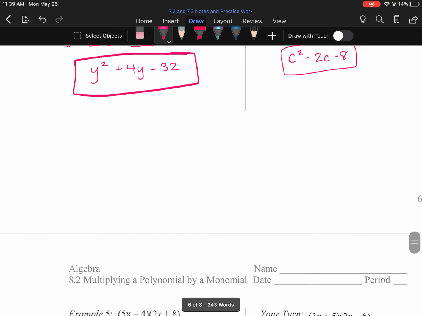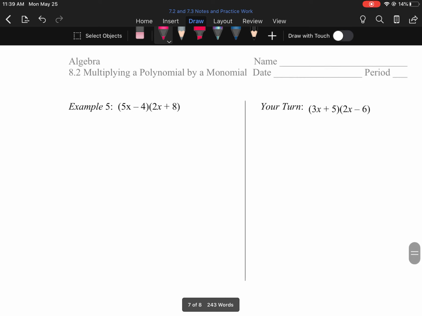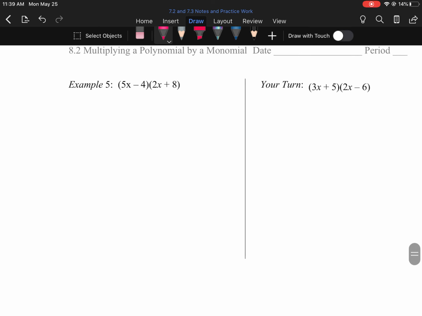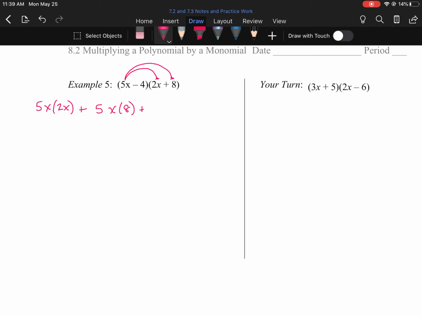All right, the last example is no different. It's the same thing. It just has some numbers in front of the variables, but you do the same thing. I need to do 5x times both of them. So 5x times 2x plus 5x times 8. Then we're going to do -4 times 2x plus -4 times 8.